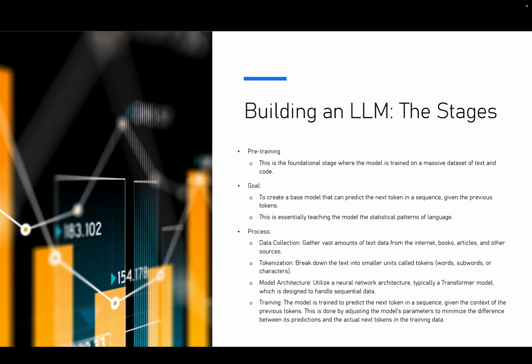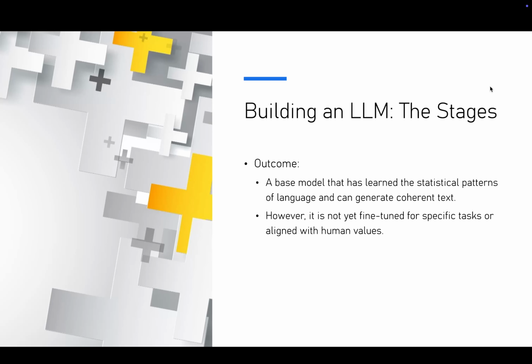Model architecture: utilize a neural network architecture, a transformer model, to deal with sequential data, and training to predict the next token in a sequence given the context of the previous tokens, which can be done by adjusting the model parameters. And as an outcome, you'll see a base model that has learned the statistical patterns of language and can generate coherent text.